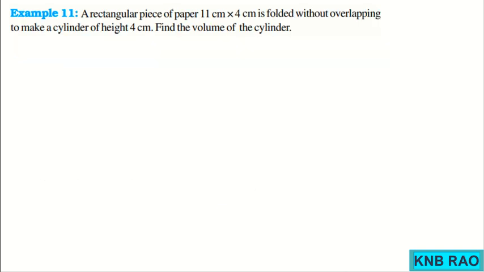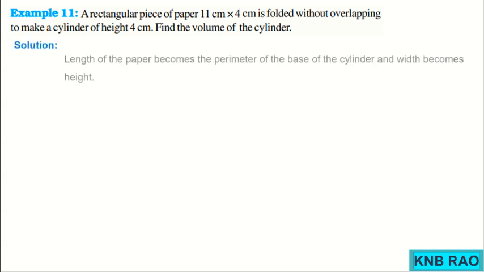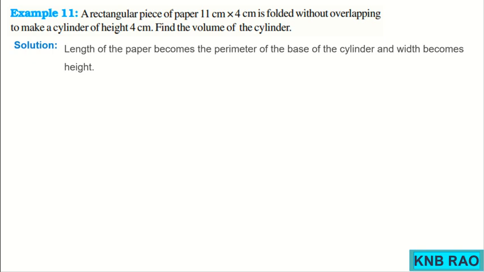Example number 11. A rectangular piece of paper 11 centimeter by 4 centimeter is folded without overlapping to make a cylinder of height 4 centimeter. Okay. Here in this question also, the length of the paper becomes the perimeter of the base of the cylinder and width becomes height.